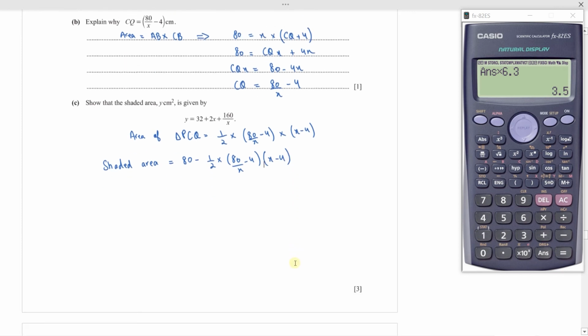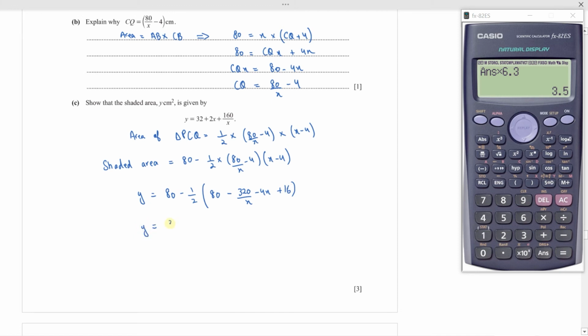So this shaded area is y centimeter square. So I will replace this shaded area with y equals 80 minus. Let's open these two brackets first. So 1 by 2 multiplied by, 80 by x multiplied by x will be 80 because x and x cancel out. 80 by x into minus 4 will be minus 320 over x, then minus 4x, and then plus 16.